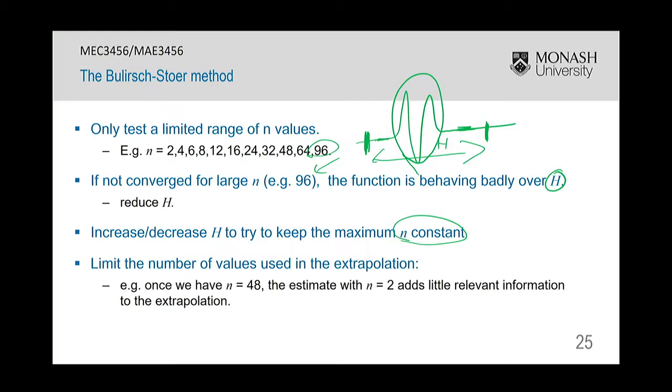We also want to limit the number of values we use in the extrapolation. Once we got to 48 points, the estimate we had all the way back when we only had 2 points adds little relevant information to the extrapolation, and indeed may cause us problems due to things like wiggles. The recommendation is to use at most 6 or 7 recent guesses.